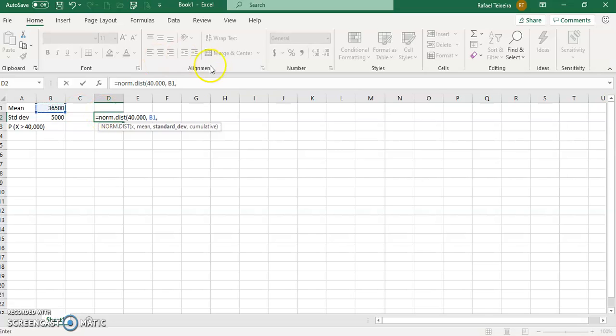If I type comma, I have to enter the standard deviation. I can type or select the cell. I type comma, and when it says cumulative, I type 1 because I want Excel to give me the cumulative probability up to that point. Okay, so this is how you ask Excel.